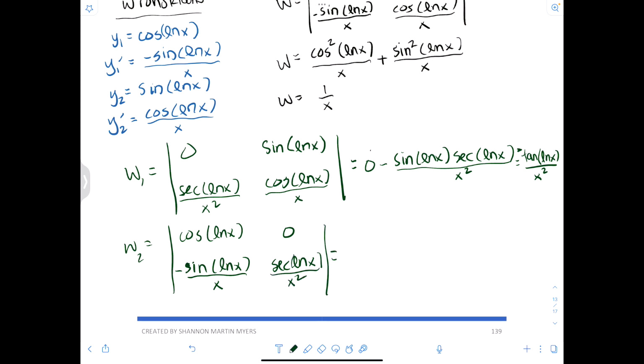That will equal cosine of natural log of x times secant of natural log of x all over x squared minus 0. And this is actually, believe it or not, just going to be 1 over x squared.